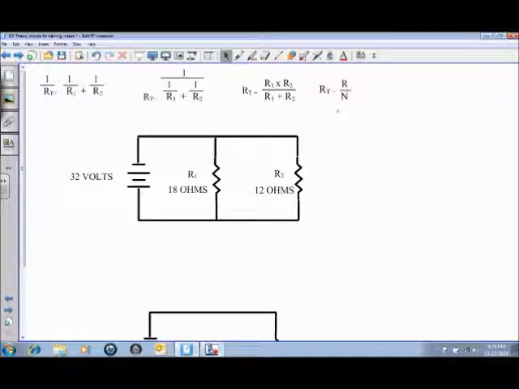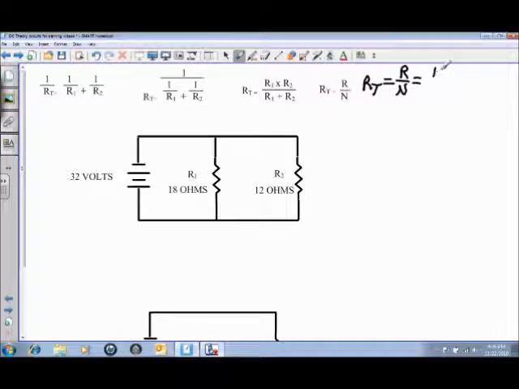The first one that we're going to talk about is your R total is equal to R divided by N, and that is for when all of your resistance values are the same. So if you had three resistors that were all 12 ohms, you could use this formula. Let me demonstrate. In order to calculate your R total, it's the R divided by the N, so the value of the resistance divided by the number of resistors.